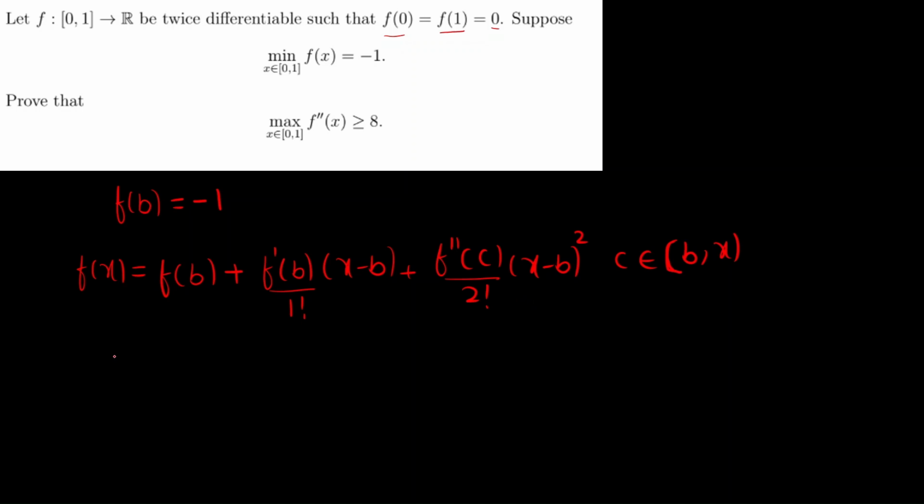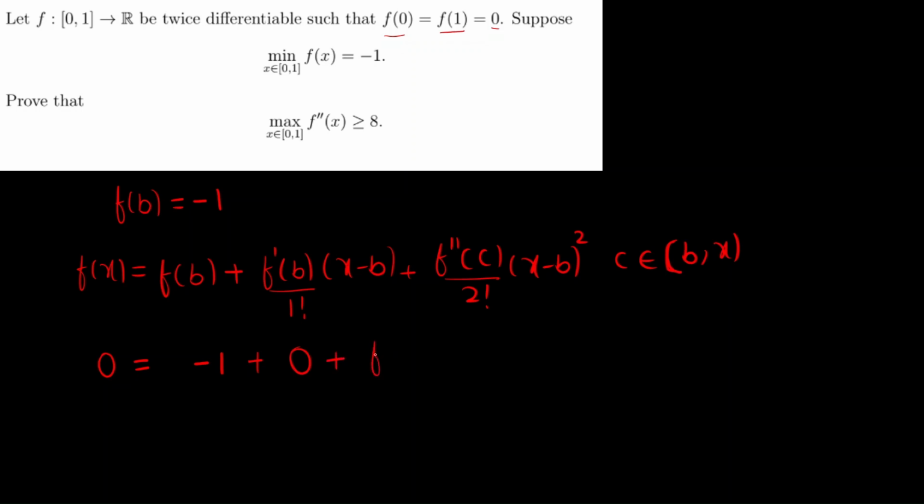When I substitute x equal to 0, we are given that f(0) is 0. We get 0 is equal to, and f(b) is -1. And from Fermat's theorem, we can say that the slope of the tangent at the extreme point will be 0. So I can neglect this term and write 0.